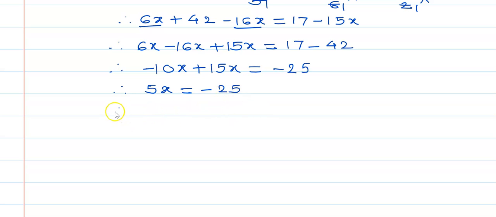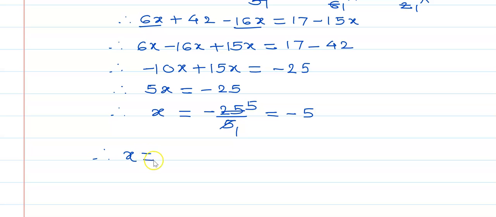Divide on both sides by 5, or as this 5 is multiplied to this x, when we transpose this to the right hand side, it will become divided. Therefore minus 25 upon 5, you get 5. Therefore x is equal to minus 5. This is the solution.